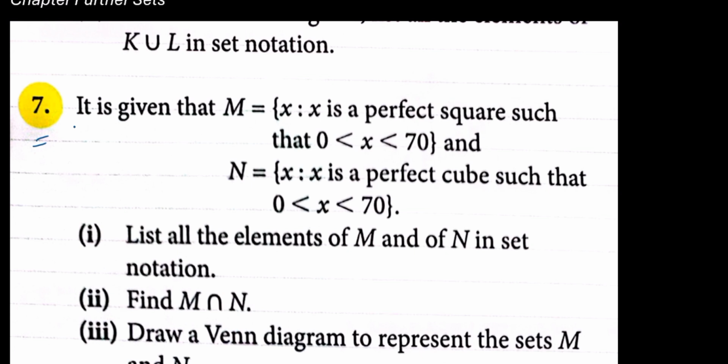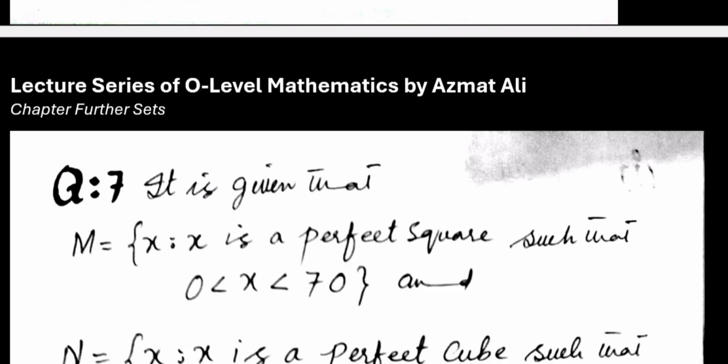In question number 7, it is given that set M consists of all those elements x where x is a perfect square that lies between 0 and 70, and N consists of all those elements x where x is a perfect cube that lies between 0 and 70. List all elements of M and N in set notation. So in these questions 7, 8, 9, firstly we list every element of M and N, then we find the intersection, and in the third part we draw the Venn diagram. Question number 7 here.